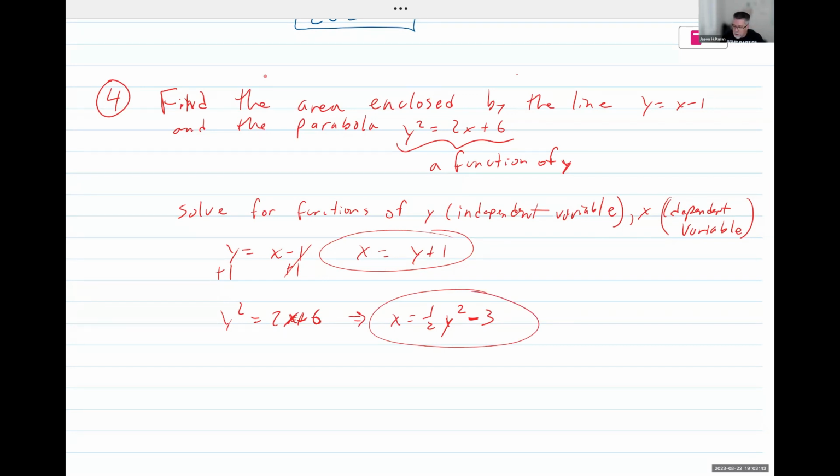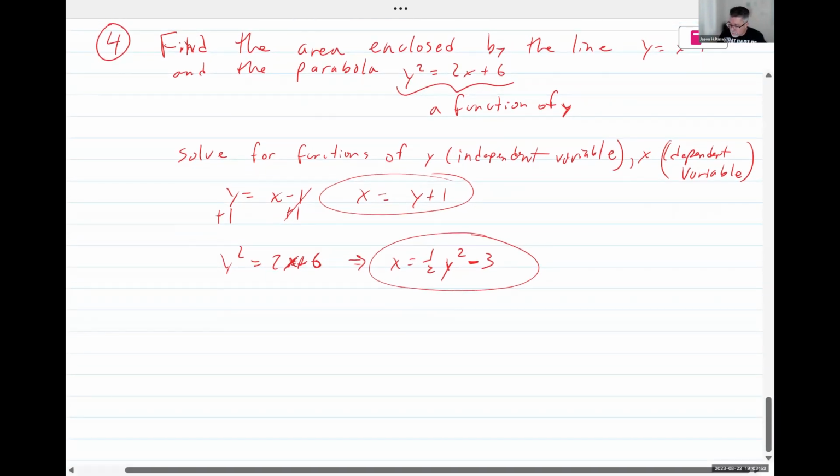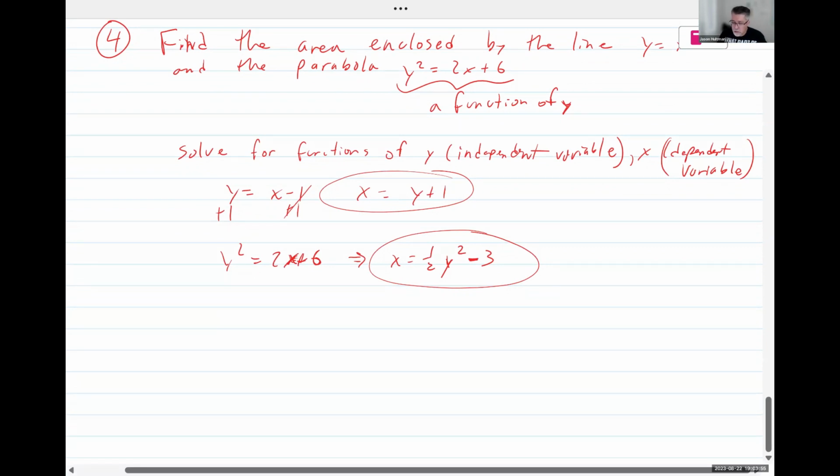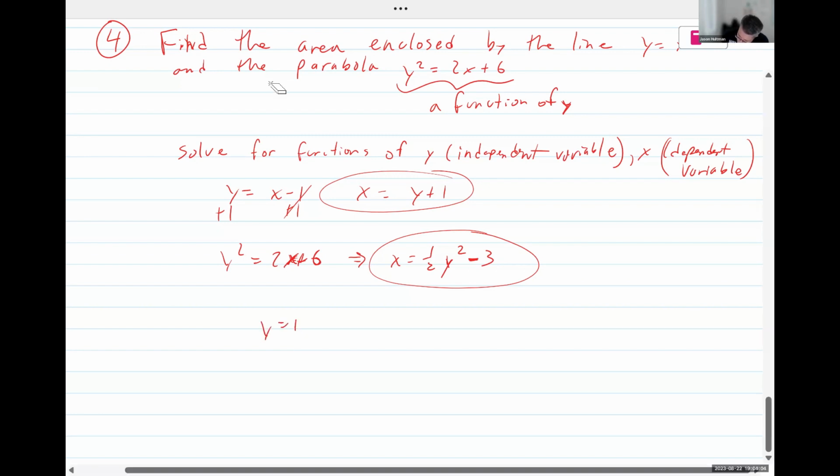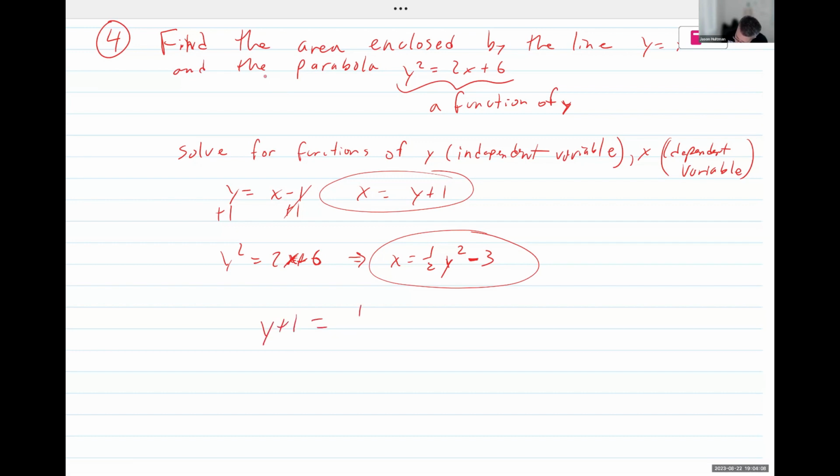Okay, so we're saying that we want an area that's enclosed between these two. So I need to know what the points of intersection of these are. So let's just set them equal to each other and solve for y. So y plus 1 is equal to 1/2 y squared minus 3.